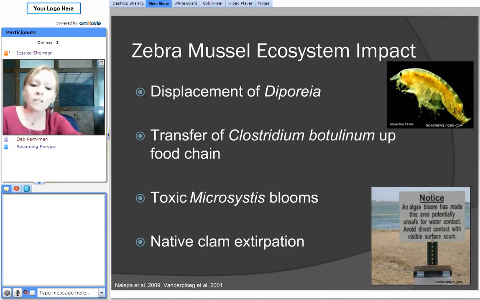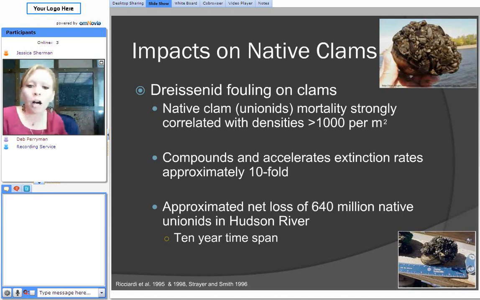Okay? We also see that zebra mussels affect our native or our natural ecosystems by extirpating or killing off our native clam populations. So native clams, they're called unionids. In this top right picture, you can see a clam that is completely covered by zebra mussels. So zebra mussels, remember I said, were epifaunal. They will live attached to hard substrates.